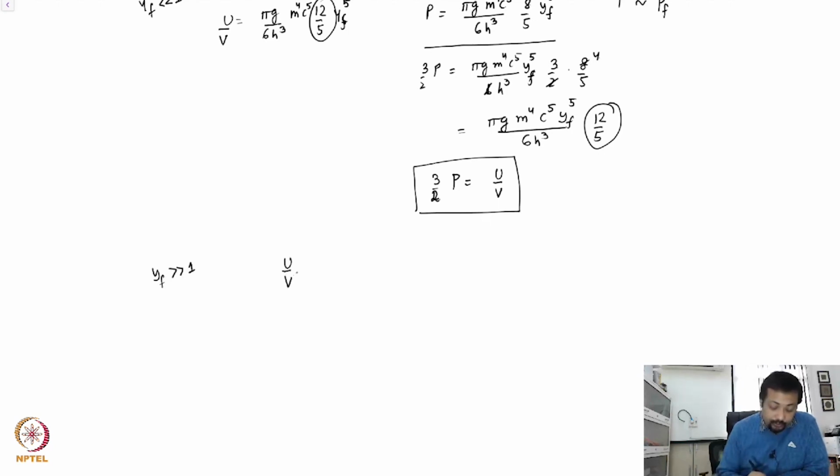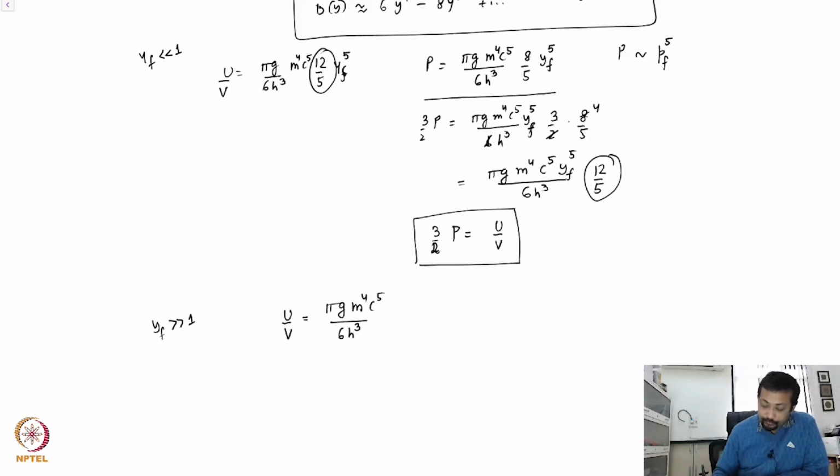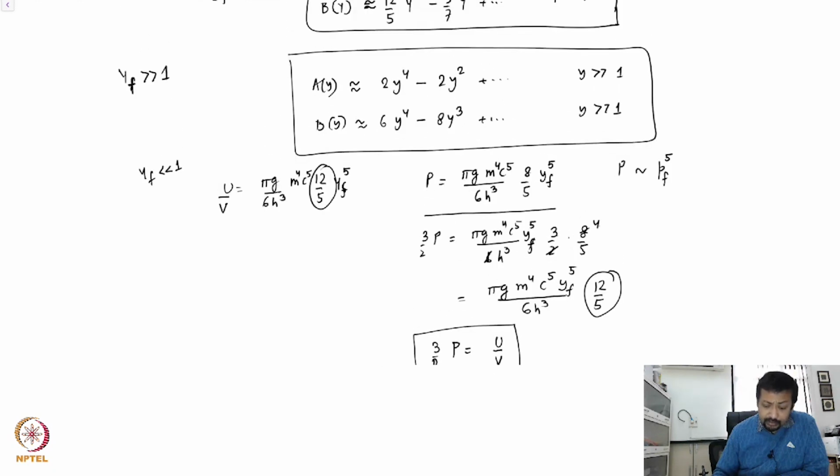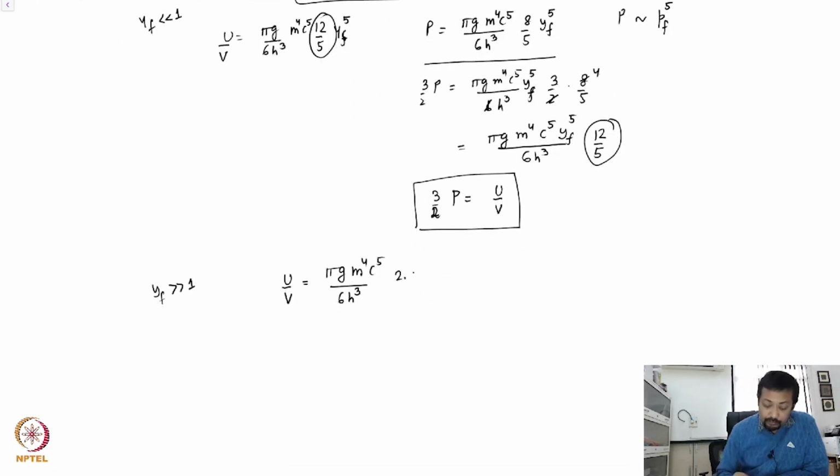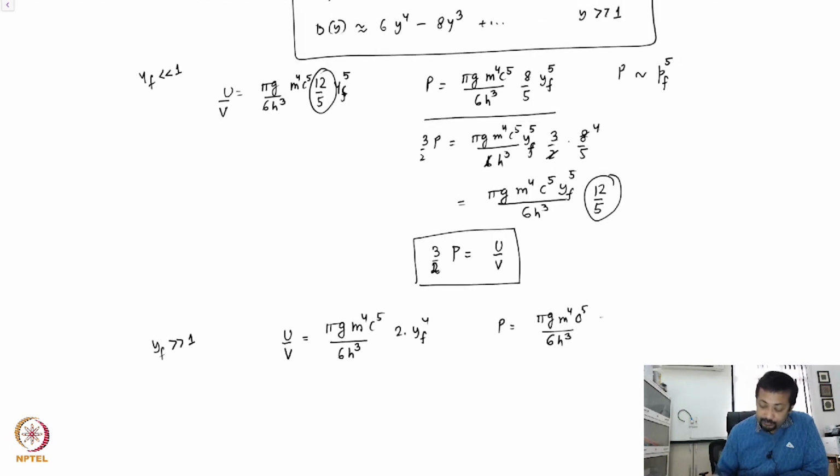And then you have U over V, which is going to be pi g m^4 c^5 over 6h cube, and then I have 2 times y_F raised to the power 4. The pressure was pi g m^4 c^5 over 6 times h cube, and this was 6 times y_F.